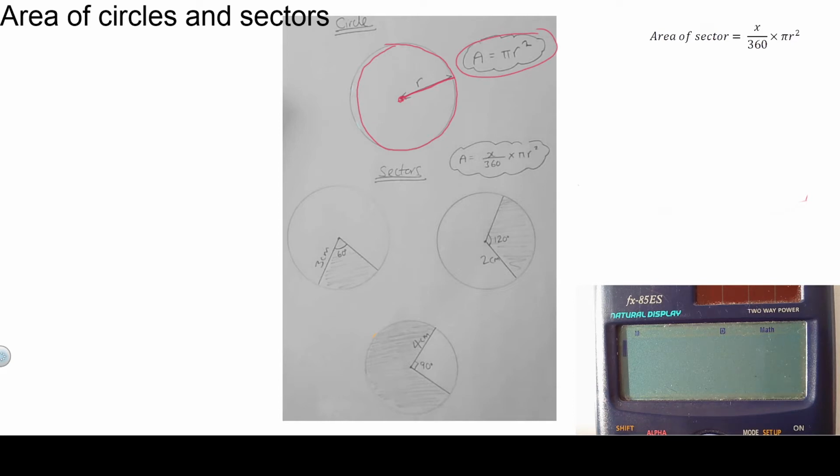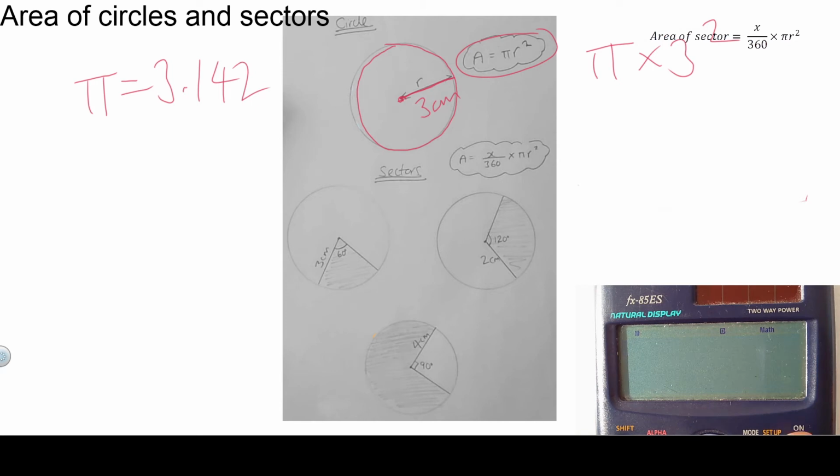So to work out the area of a circle, let's say r happens to be, let's make up a number, let's call it 3 centimeters. So we do area is equal to pi times 3 squared. Now, if you've got a calculator that's got a pi button, you can use that. If you haven't got that, then you can just assume pi is 3.142 as an approximate.